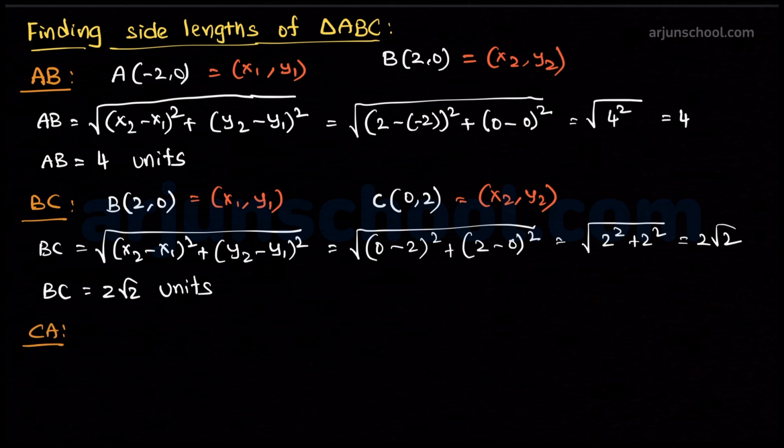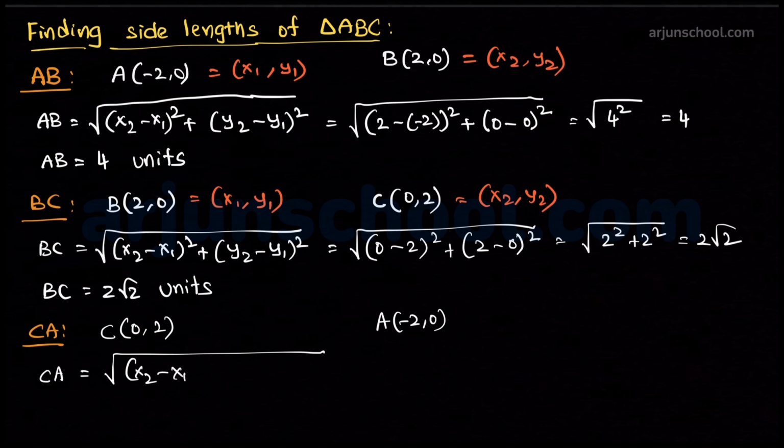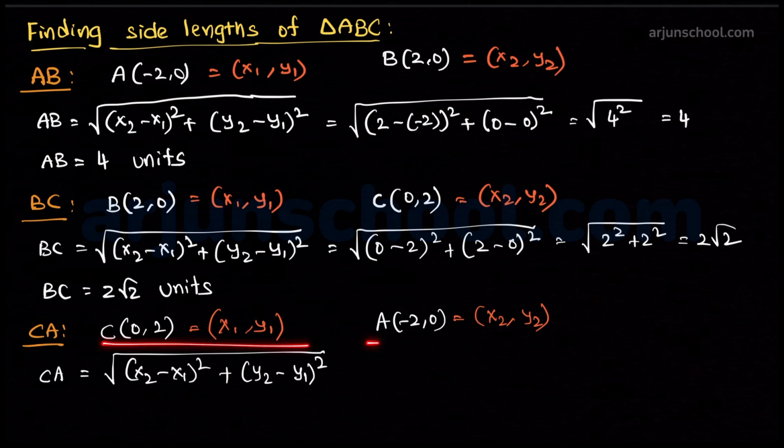Now let us find the length of the side CA, the distance between the vertex C and vertex A, equal to root over (x2 minus x1) whole square plus (y2 minus y1) whole square. Vertex C is the point (x1, y1) and vertex A is the point (x2, y2). Let us substitute these values.